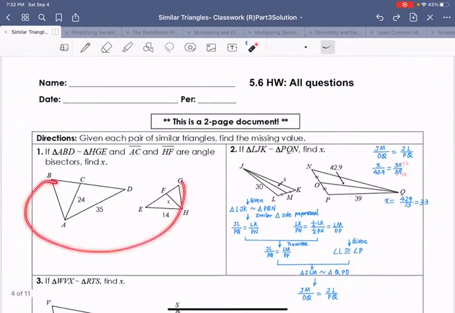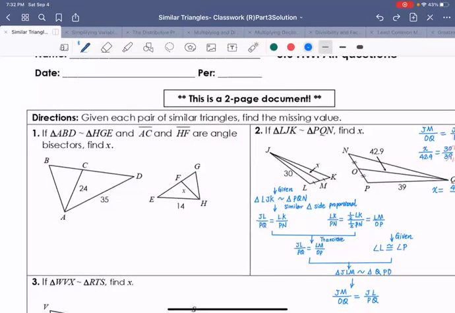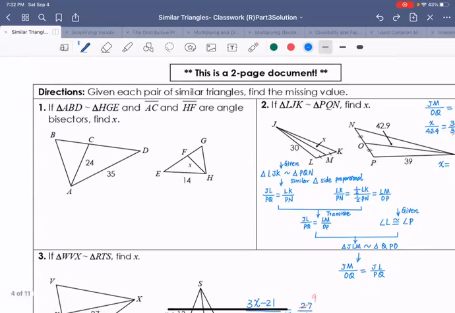Let's see this one. Annie, let's go ahead and solve this one. So first, do we put an equation?